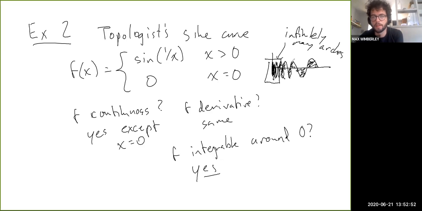So basically you're adding up the area under an infinite number of arches, but then you just get an infinite series, and you just have to analyze that infinite series. And it turns out to basically just be an alternating series. So it's easy to say from that that the integral actually exists. Although it's a little bit more complicated because the concept of an integral is a little bit more complicated. But you'll see. Anyway, my point is just that these complicated functions are out there, and we need these very strong definitions to be able to deal with them.